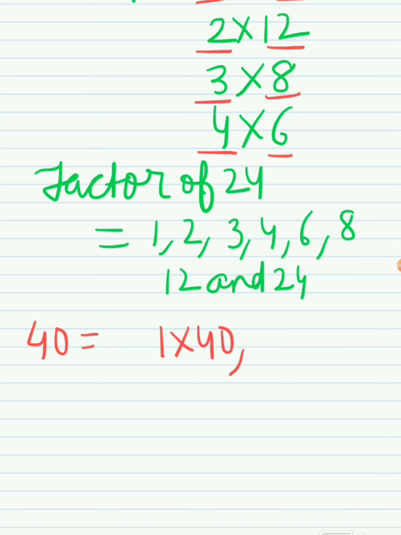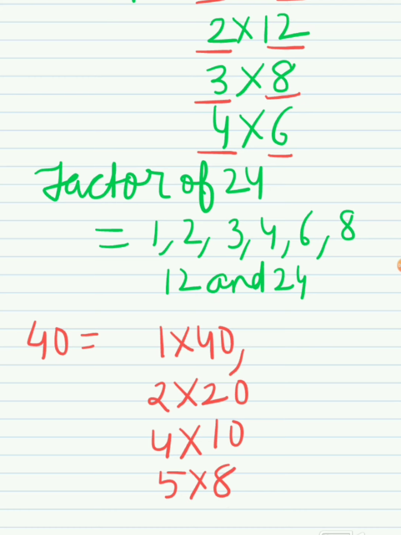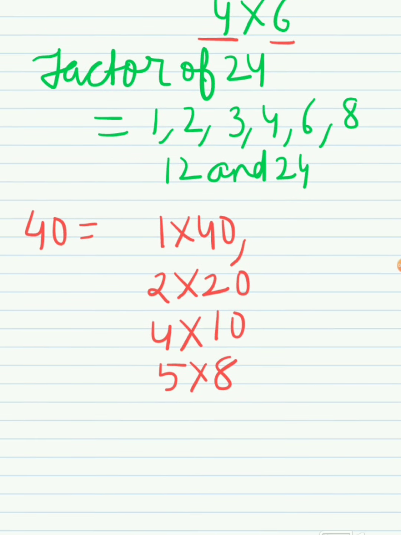Second factor, 2 into 20. 2 20s are 40. Then 4, 4 10s are 40. Then 5 8s are 40. You can take the tables 1, 2, 3, 4 and see whether 40 is coming in that or not.